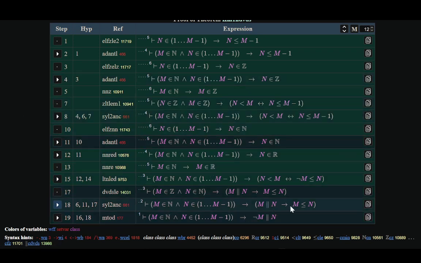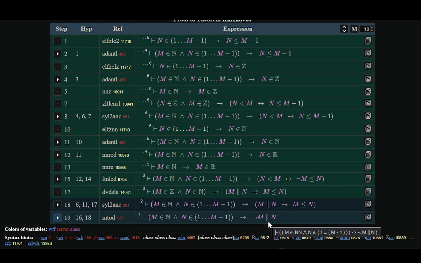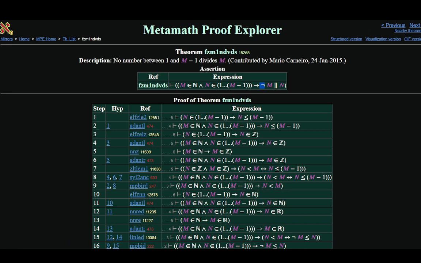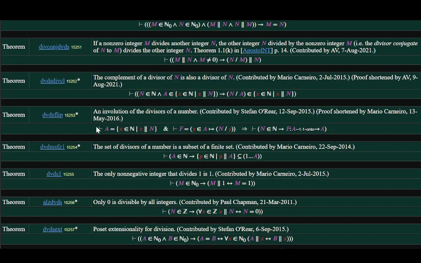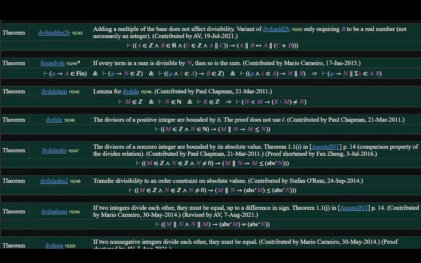See, this is quite good. If m divides n, that implies m is less than or equal to n, and then they show that that's not true. But we are going to need an if and only if division statement.